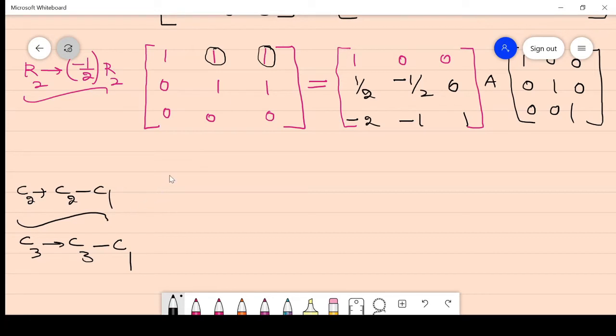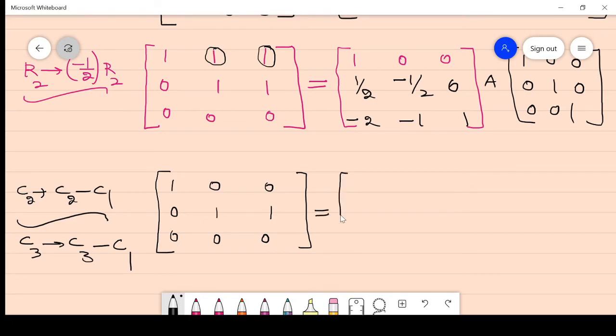Now from this, if we take these values, the first row is 1 0 0, now this will be 0, this will be 0, and this is 1 1 0 and 0.